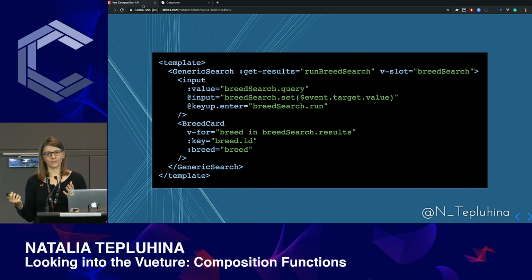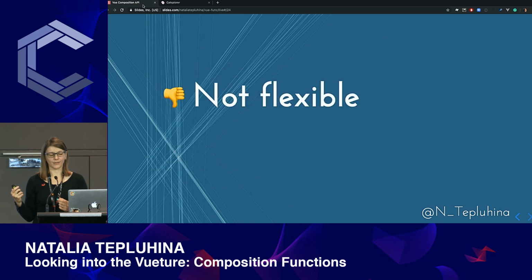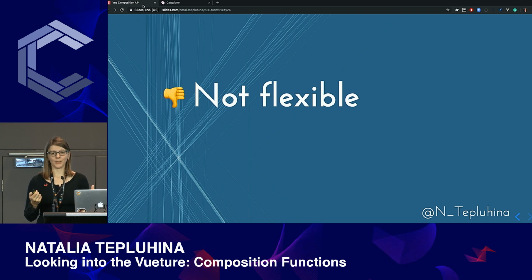So this one is better. It's more abstract. We can pass a function, but is it really good? In fact, it has its own cons. First one, it's not flexible. Why? We used this breed search from the child component. The issue is the breed search object that we used will be only available at runtime, and it will be only available in the scope of this component.